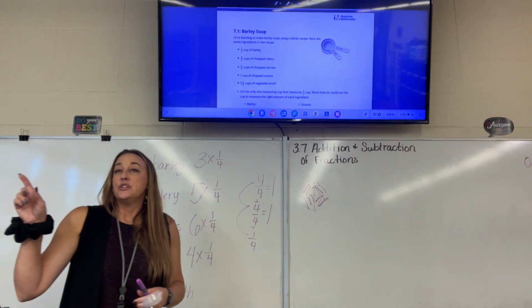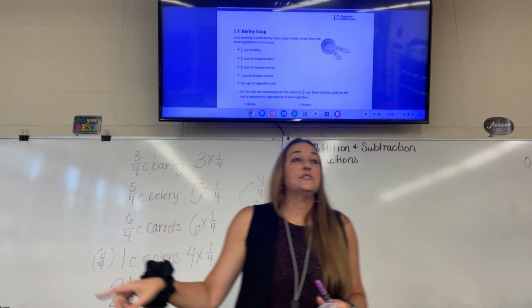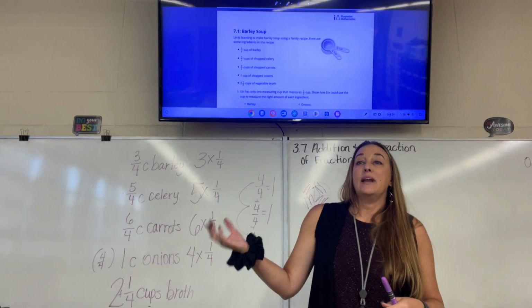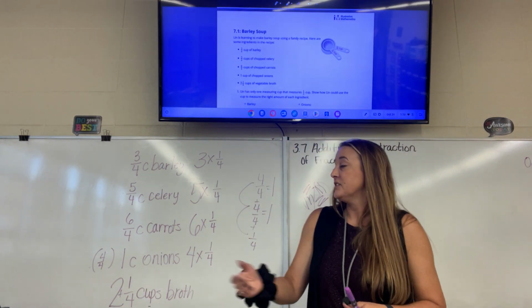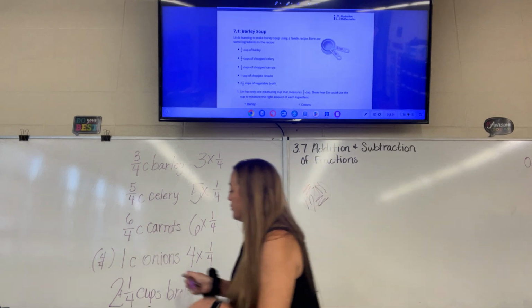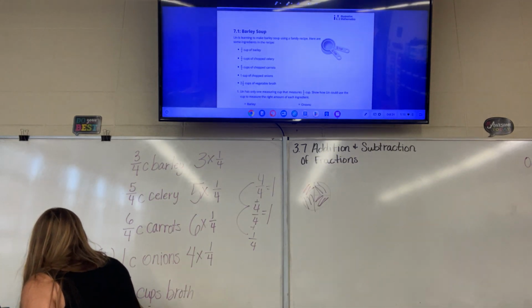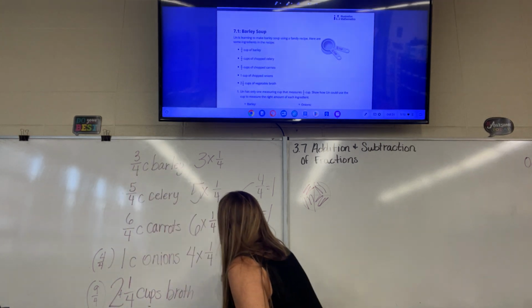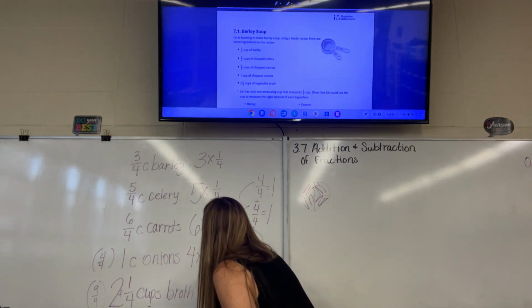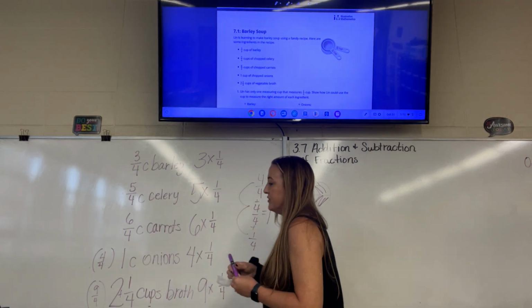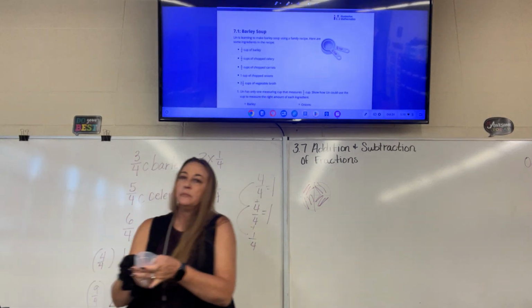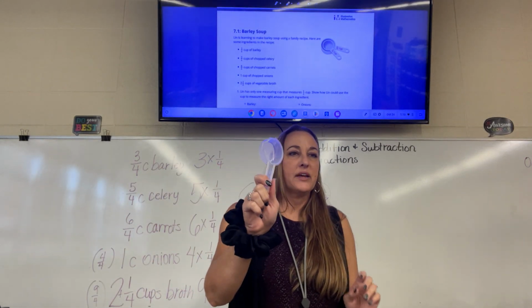Okay? So like Ava said a while ago, that 6/4 is also 1.5 or 1 2/4. 2 1/4 is the same as 9 4th-size cups. So we're going to scoop up 9 4th cups. So let me show you. Okay, I've got a 1/4 cup.